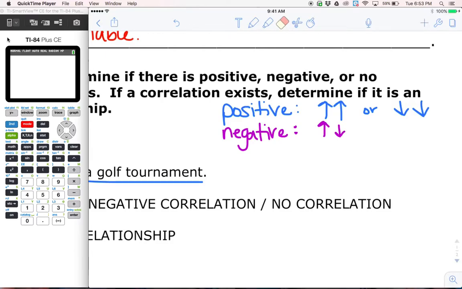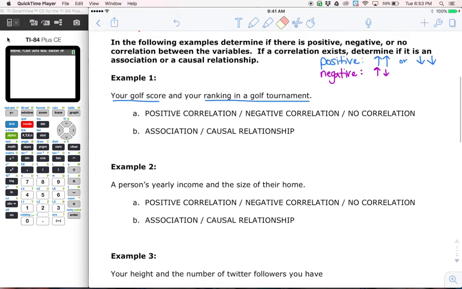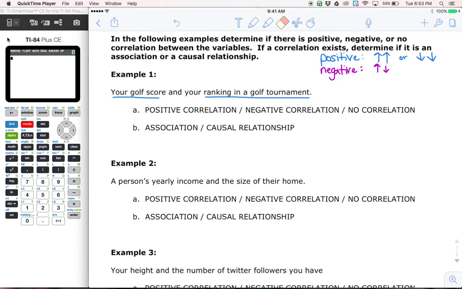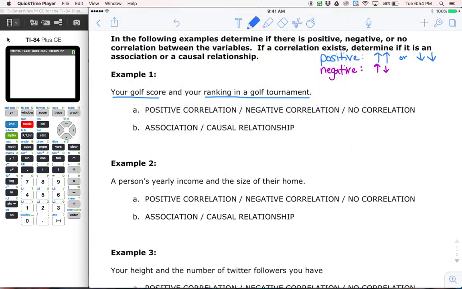Keeping that in mind, let's look at this example again. Your golf score and your ranking in a golf tournament. You do have to know a little bit about golf. The more swings you take, your score goes up, and that's not good, because in golf that's not what you want.